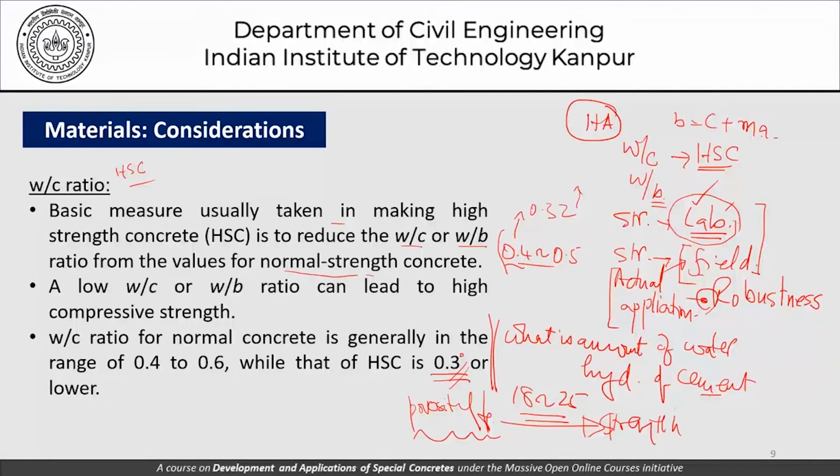So this is the logical thought process: if we reduce the water cement ratio to about 0.3, we come to a situation where we are adding almost the amount of water which is required for complete hydration of cement. And then if we are able to maintain the curing conditions and ensure that the water does not escape, then we are working in a situation with reduced porosities and higher strengths of concrete.